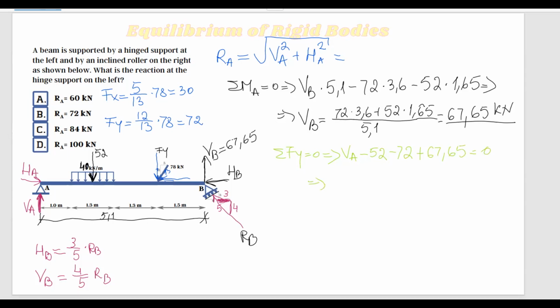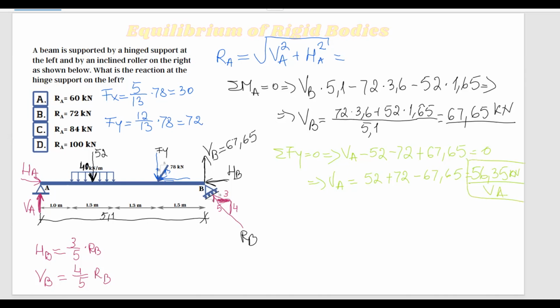From this equation, VA is equal to 52 plus 72 minus 67.65, which gives 56.35 kilonewtons. So this is VA.